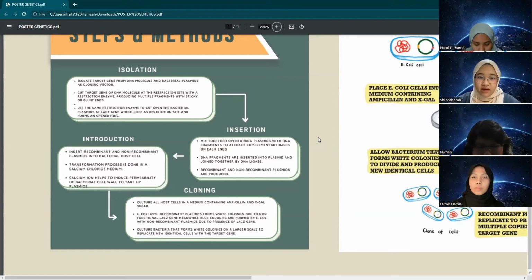The bacteria which contain the non-recombinant plasmid will be able to produce the beta-galactosidase enzyme due to the LacZ gene that is still intact. The enzyme will hydrolyze the X-gal sugar, which will produce blue colonies.